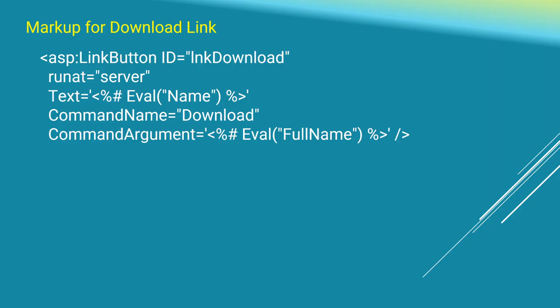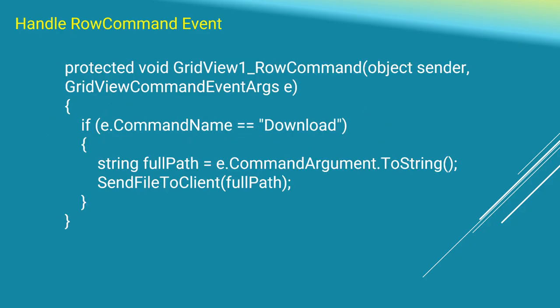Inside RowCommand, we simply read the argument and call a helper method named SendFileToClient to do the heavy lifting. ContentType lets the browser know what it is receiving, while Content-Disposition attachment forces the save dialog.